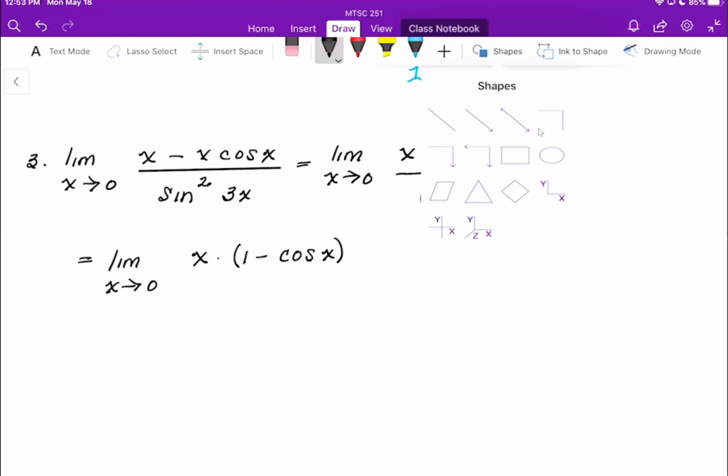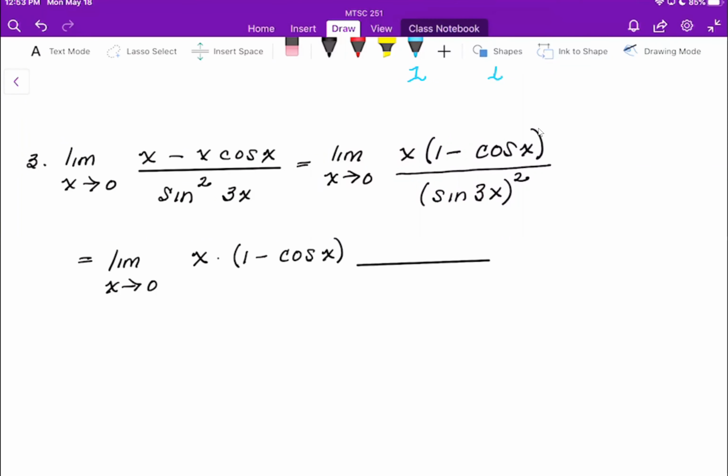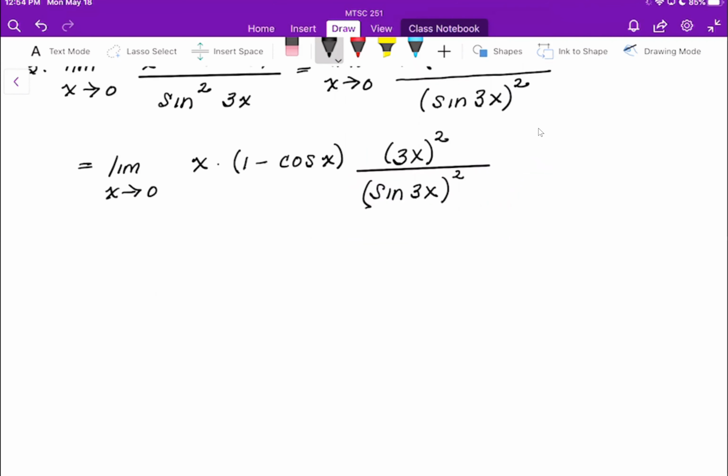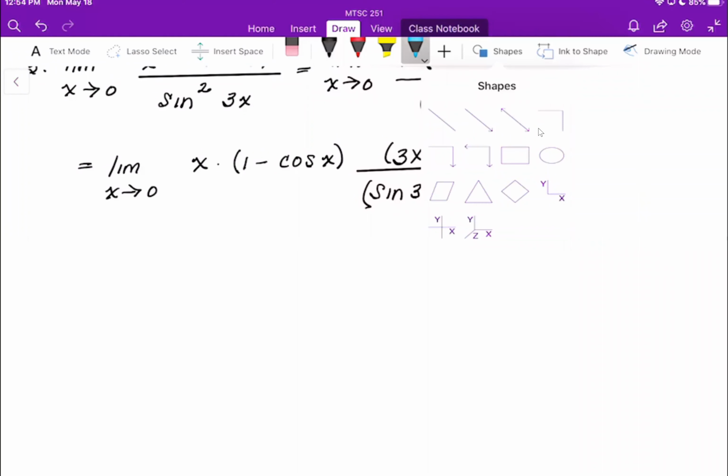So if I put in the denominator here the sine of 3x quantity squared, then what I need in the numerator is 3x quantity squared. So I can rewrite this. Oh, I forgot to put my 3x quantity squared in the denominator. So let's do that first.